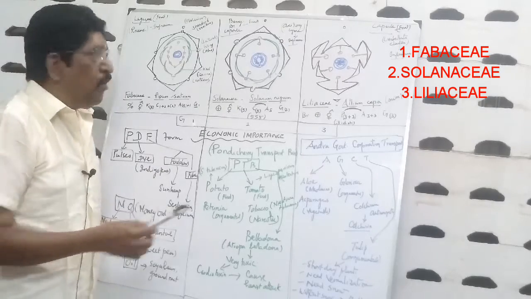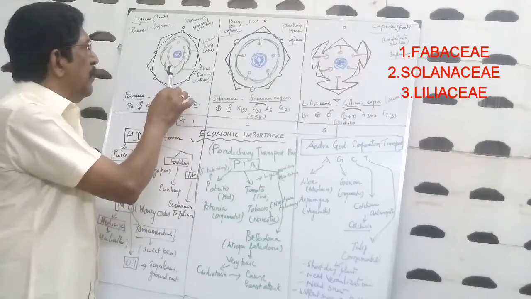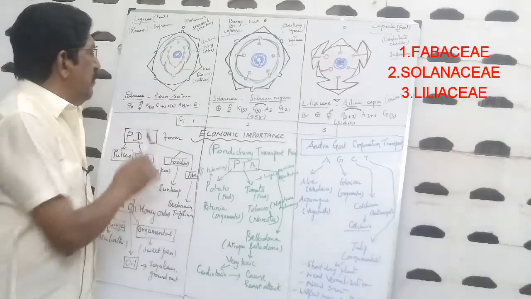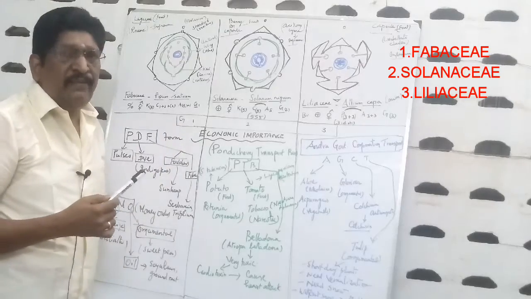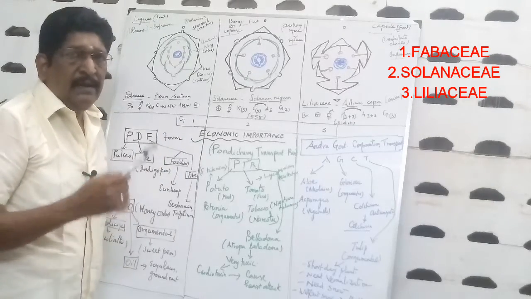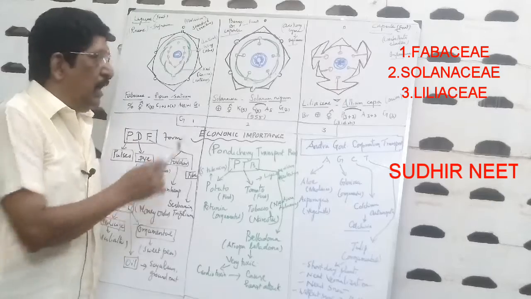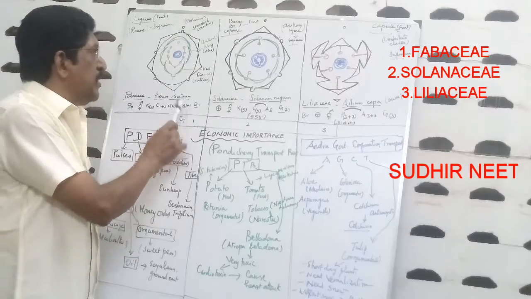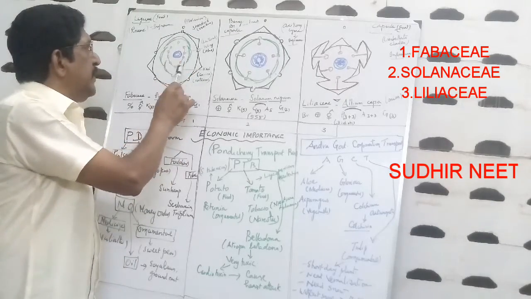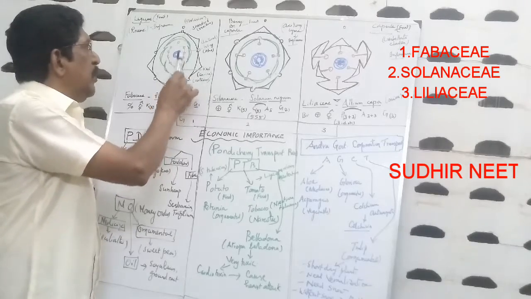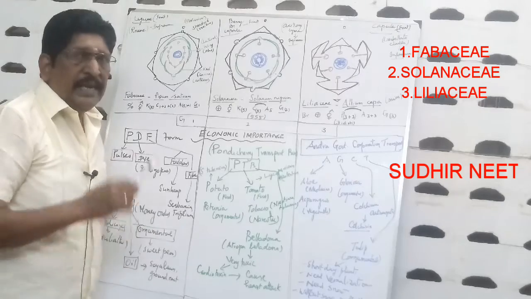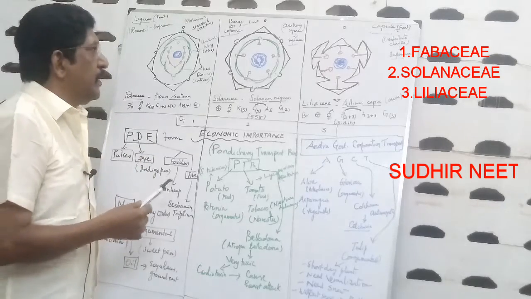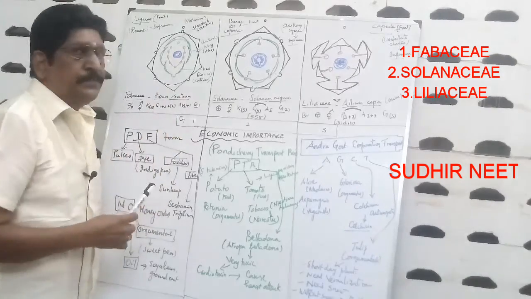Okay. Now coming to the next, androecium. In Fabaceae you get 9 plus 1, that is diadelphous condition. 9 stamens in one bundle and one free. So A 9 plus 1. Diadelphous condition, anthers dithecous.